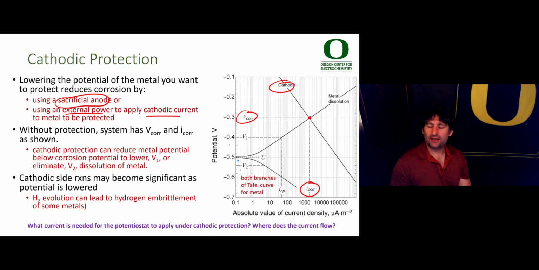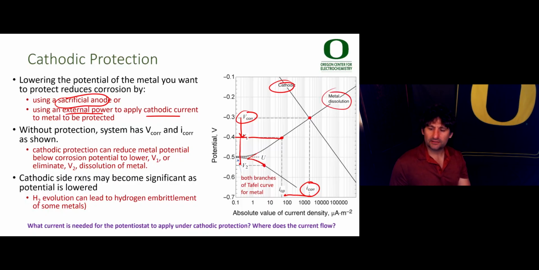So imagine now I have just simply held the voltage of my boat at a lower potential. For example, here, by applying a potential. Then I'd now lower substantially the corrosion potential. If I apply an even more negative potential, I'll actually go on the other side of the metal dissolution curve.